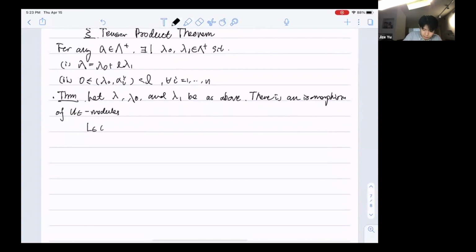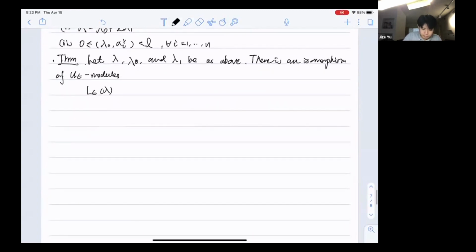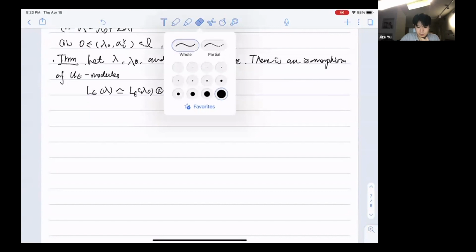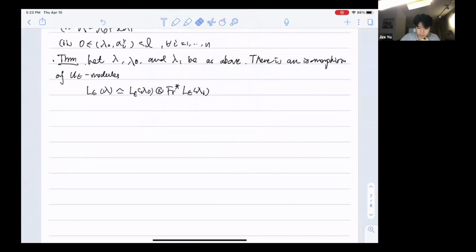So L_epsilon of lambda is isomorphic to L of lambda 0 tensor with the quantum Frobenius pullback of L of lambda 1. That's a module over U of G. Right, so we shouldn't have anything else. Exactly, this is really L lambda 1.